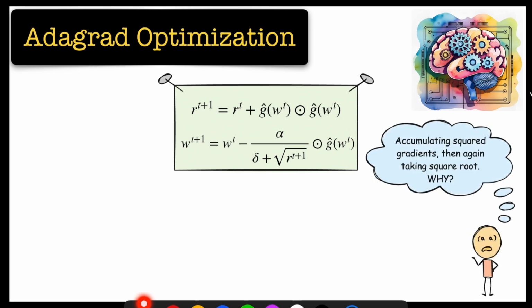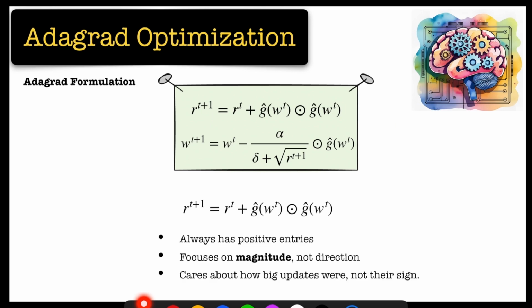Now one question that comes to mind is about the accumulated squared gradients. In this case we are taking squared gradients and then again taking the square root. Why are we doing that, right? Let's see. When we take this squared element-wise product, it will always have positive entries. So we are focusing on the magnitude, not the direction.